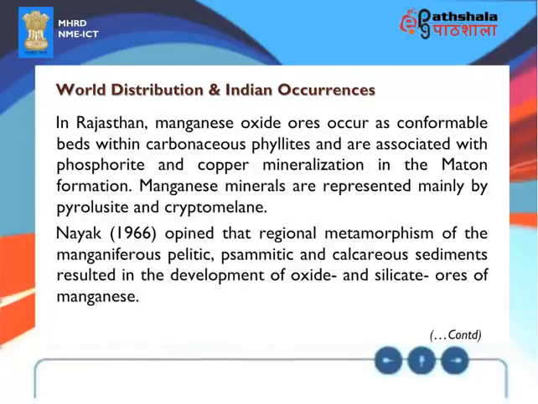In Rajasthan, manganese oxide ores occur as conformable beds within carbonaceous phyllites and are associated with phosphorite and copper mineralization in the Matoon Formation. Manganese minerals are represented mainly by pyrolusite and cryptomelane. Nayak, 1966, opined that regional metamorphism of the manganiferous pelitic, psammitic, and calcareous sediments resulted in the development of oxide and silicate ores of manganese.